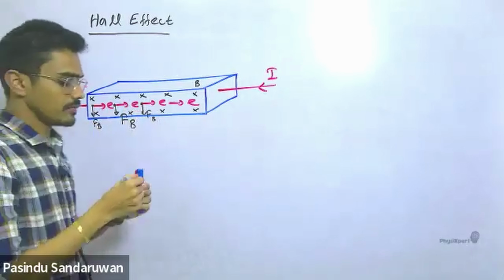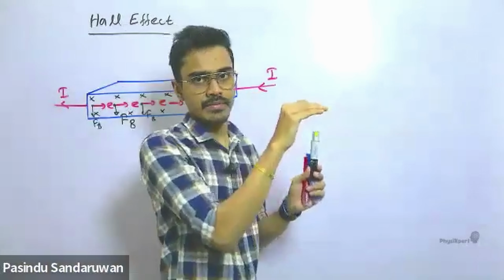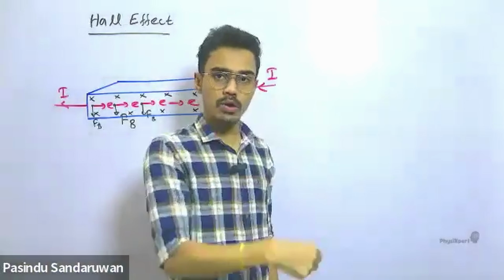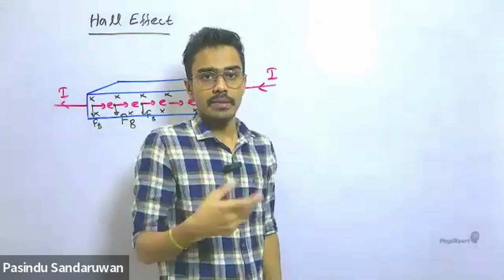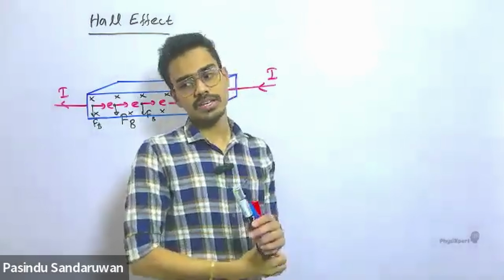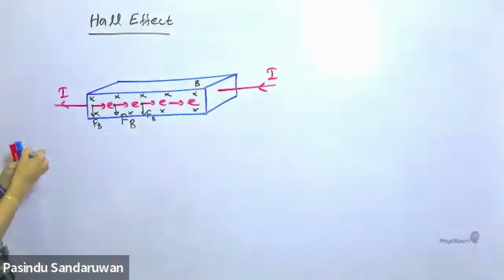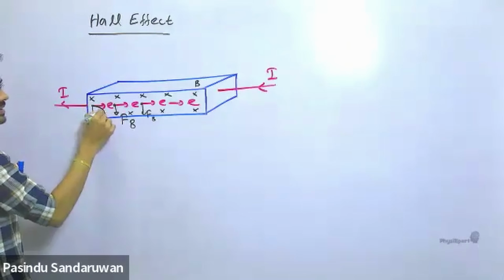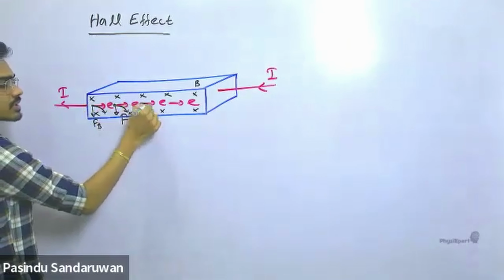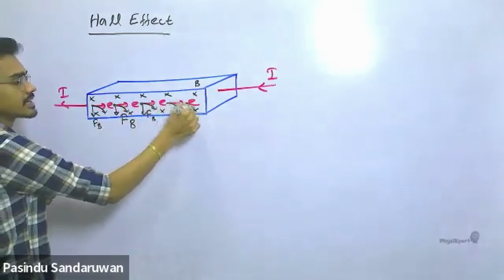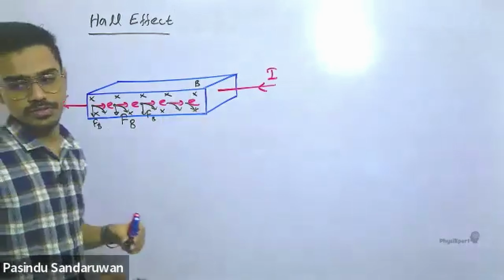Because of that, their motion is deviated. These electrons are deviated in this direction, like this, because of this force.